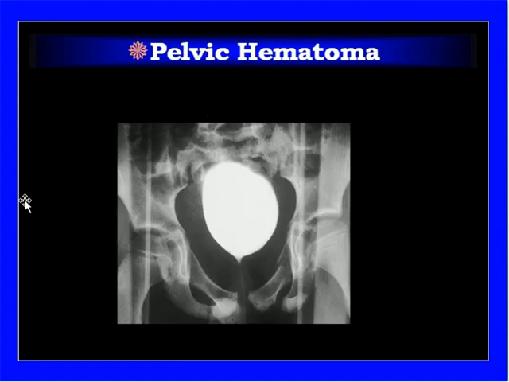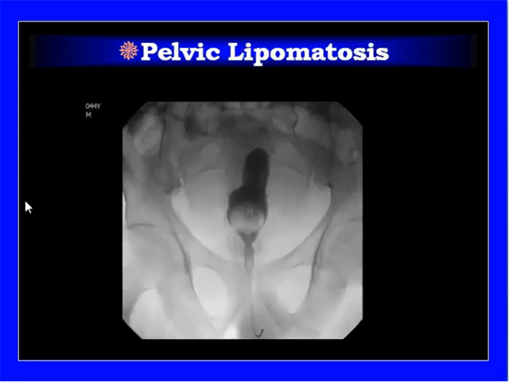Pelvic hematoma. Here you can see the high density bladder in the center of the pelvis, and this is surrounded by a radiolucent area which is all filled with the hematoma, and is compressing the bladder from all sides. Pelvic lipomatosis.